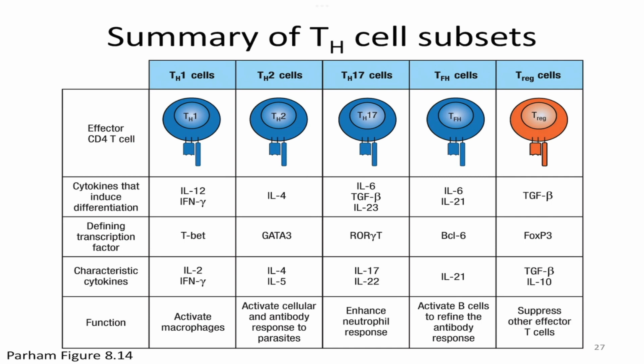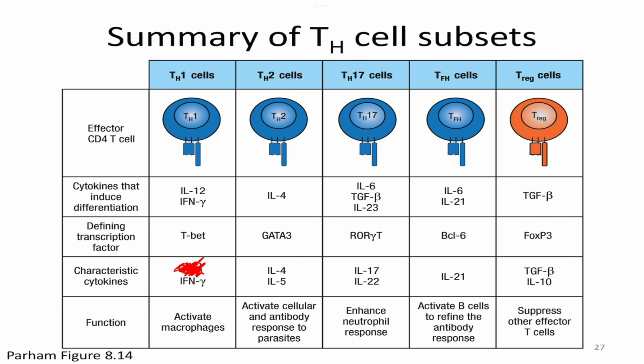And that subset was in fact defined because the cell makes a particular transcription factor. Once the cell makes its special transcription factor, then we will see that cell making its characteristic cytokine, as is listed here. And that characteristic cytokine allows the helper T cell to do its function.